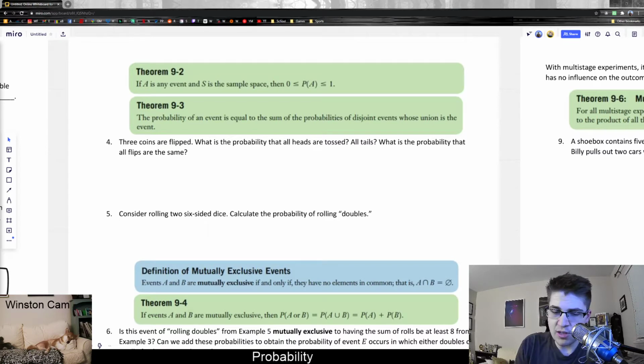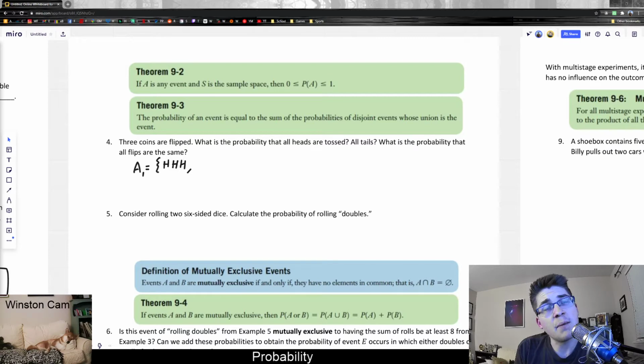So let's just say that A1 is the sample space for this experiment, which is 3 coin tosses. With 3 coin tosses, we could have the possibility that all of them are heads, which is one event. Another thing that's important is making sure that you get all of them.